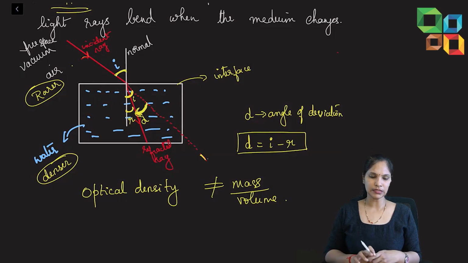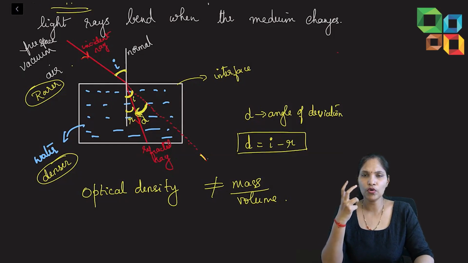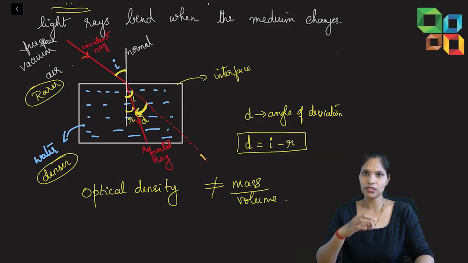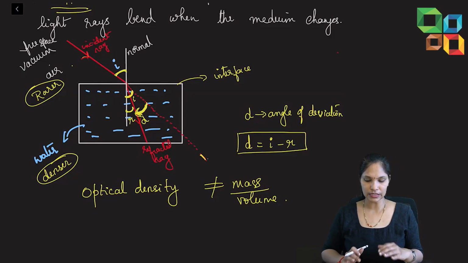Optical density means if the medium is more dense for light, meaning it's making light's movement more difficult, such a medium we call optically denser. Rarer means light will find it a little easier to move there. Then it is optically rarer. We are going to understand more about this in the next part, so we will do that discussion a little later.